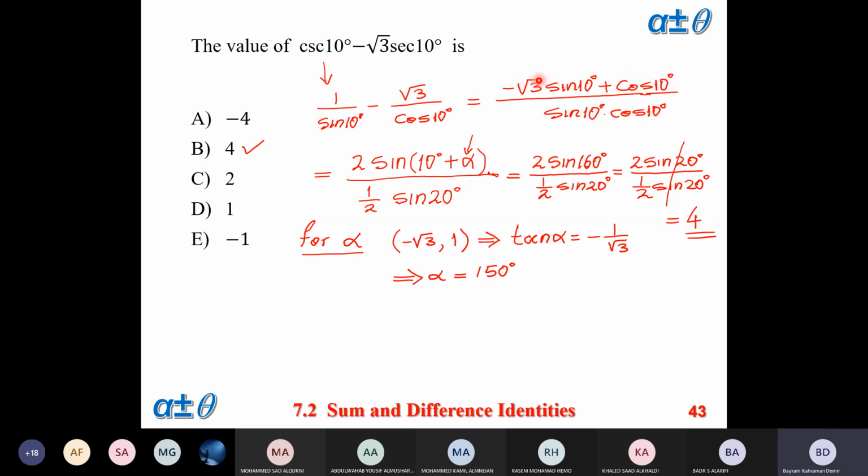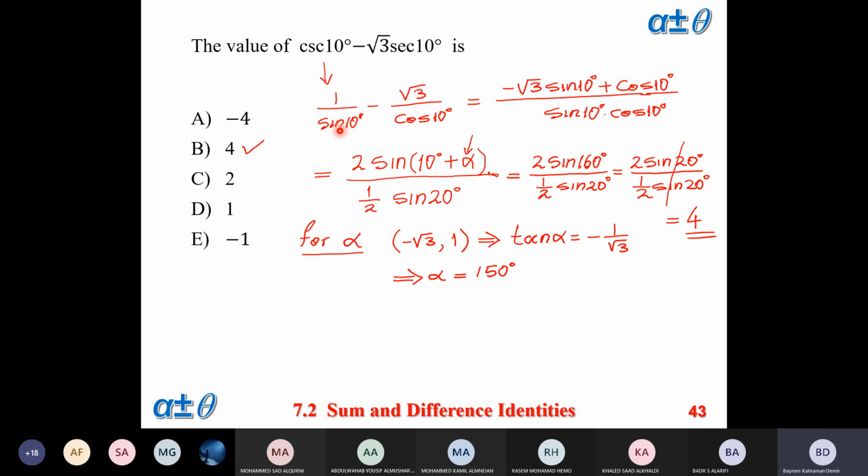Did you understand this numerator, Shabab? Yes, first sine and then plus cosine. Multiply cosine times 1 is cosine. Do you see that, Shabab? Cosine times 1 is cosine, which is here. Sine times minus root 3.